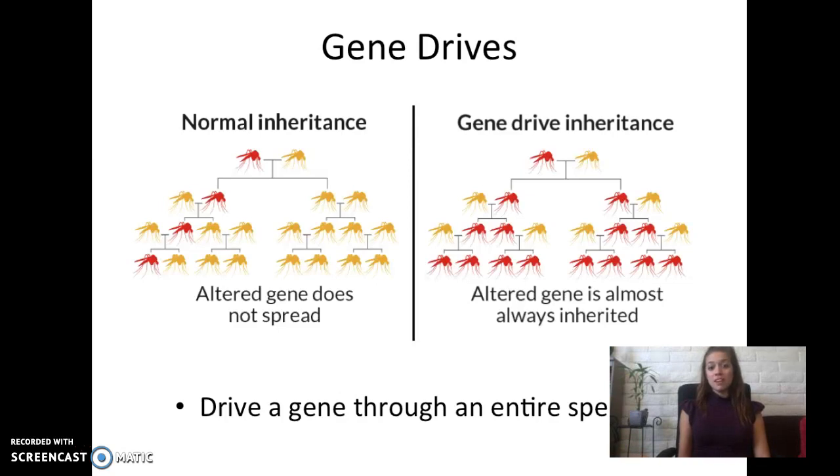As you can see on the right, all of the offspring have received this red trait. So, in essence, a gene drive is something that literally drives a gene through an entire species. It's important to note at this point that gene drives can only work on species that reproduce sexually. This means that they are not effective on bacteria or viruses.